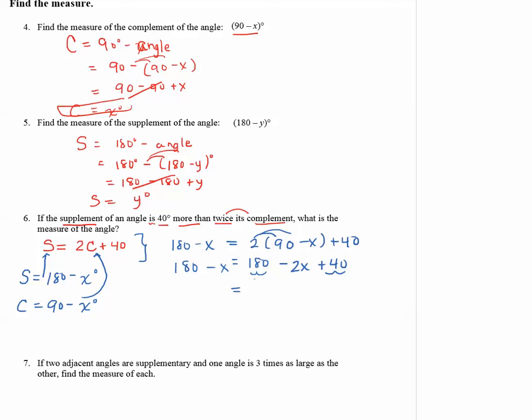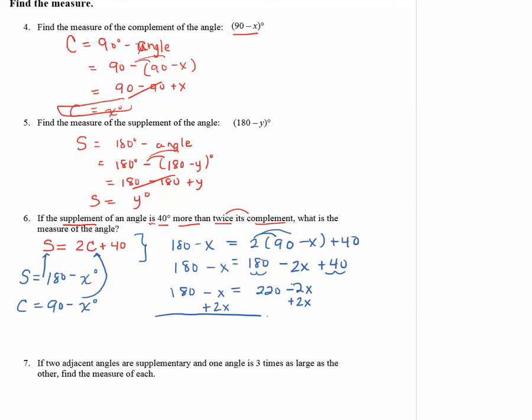180 plus 40 is equal to 220. So now I have 220 minus 2x on the right side, and on the left side I have 180 minus x. So 180 minus x equals 220 minus 2x. Here you want to get your letters together, on one side or the other. I'm going to get my letters on the left, so I'm going to do the opposite of minus 2x and add 2x to both sides.